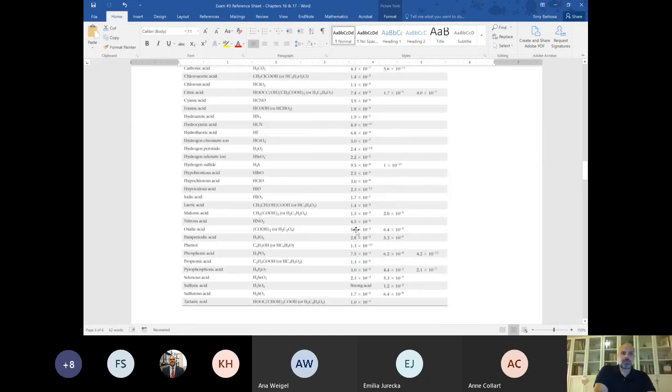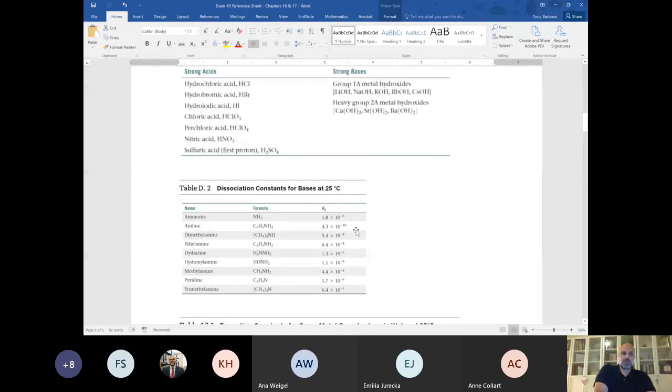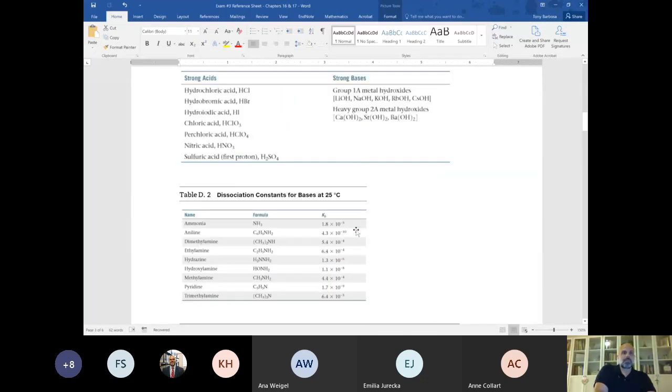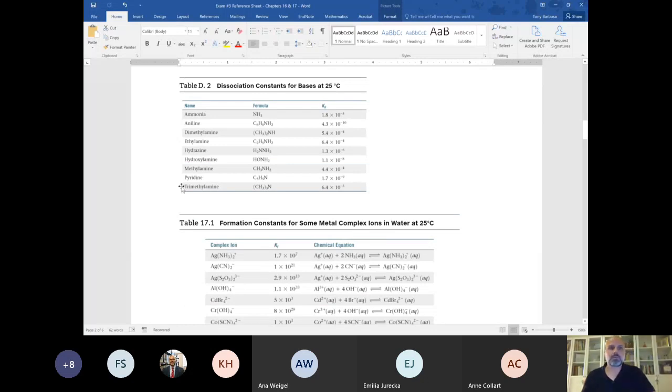So if we're looking at this base table here, we have methylamine. Unfortunately, I can't write on this, so I'll just do it right here.